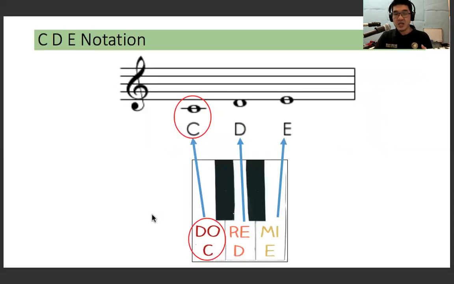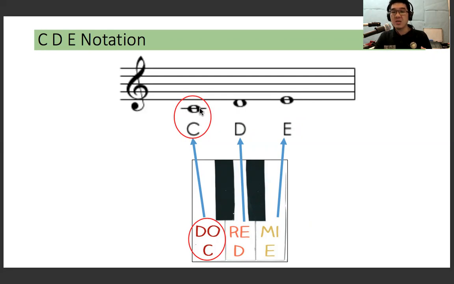Here we go. And if it shows in notation, it will look like this. Notation is like the alphabet of music. In language, in Bahasa or in English, you have A, B, C, D, E, F, G. In music, we call this music notation. This is the C, D, and E music notation that we are going to use.